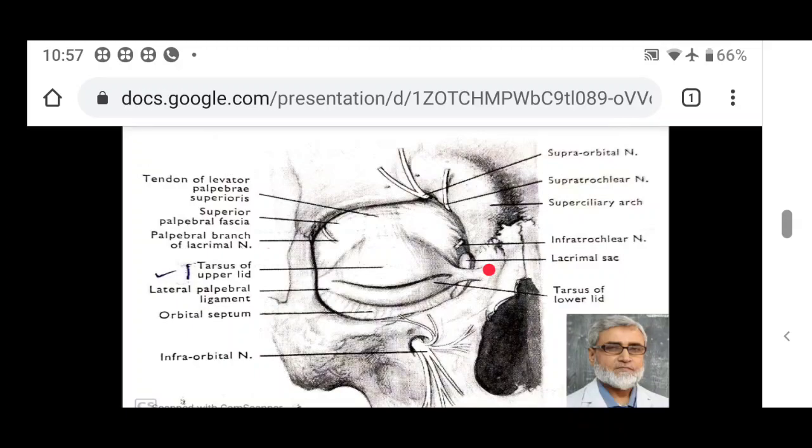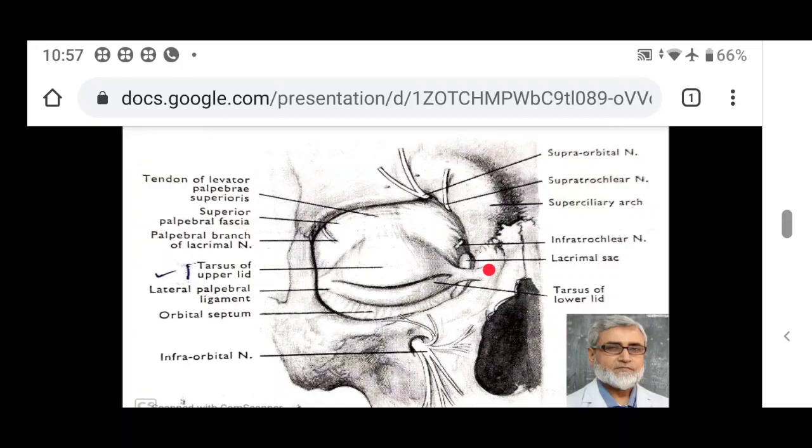Regarding the tarsal glands, they lie in the deeper surface of the tarsi, in cross section and longitudinal section, as I have already mentioned and shown you. Their ducts open on the margins behind the eyelashes. Ciliary glands are arranged behind the roots of the eyelashes in several rows. Their ducts open on the margins of the eyelids.